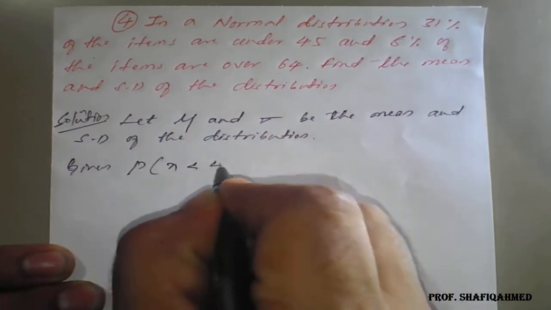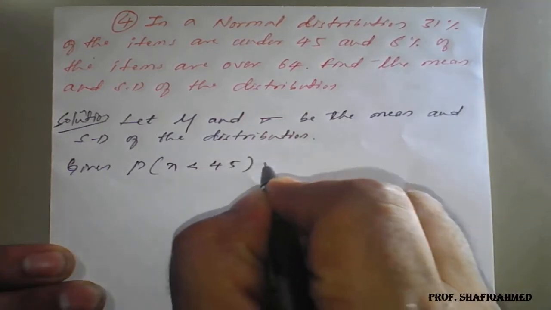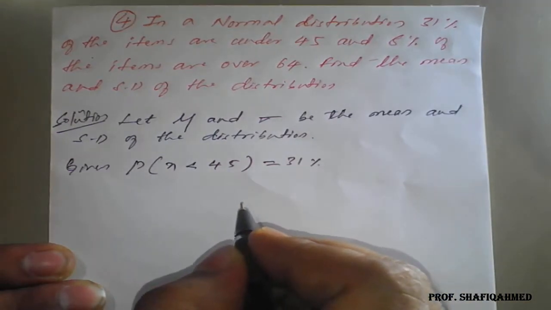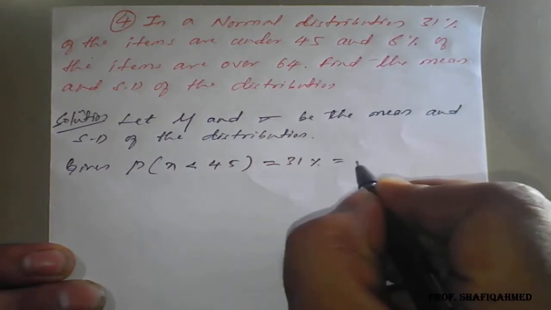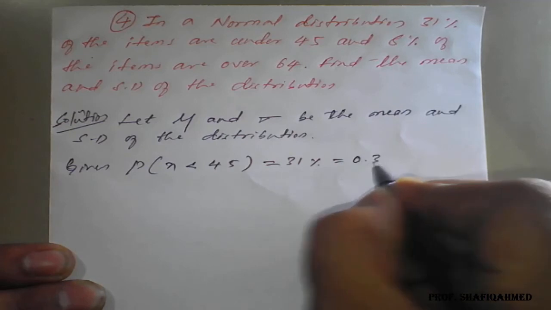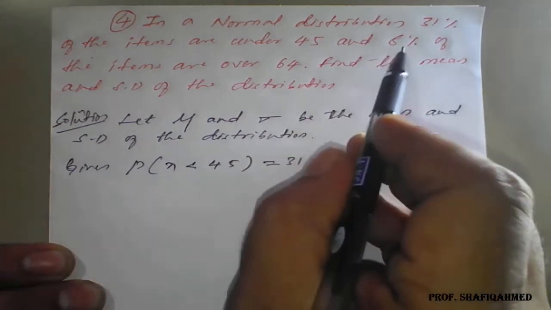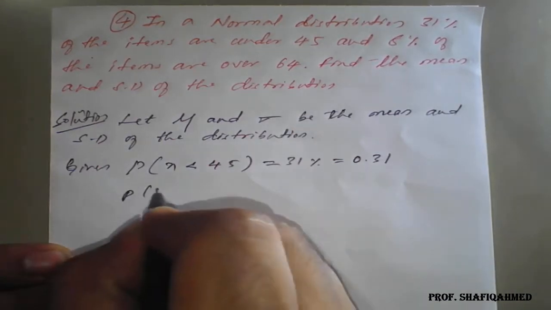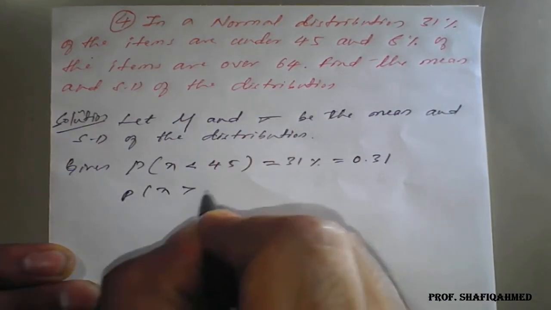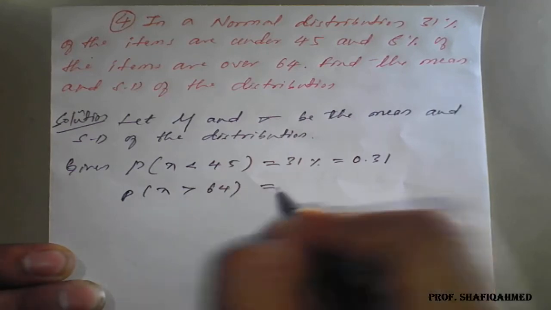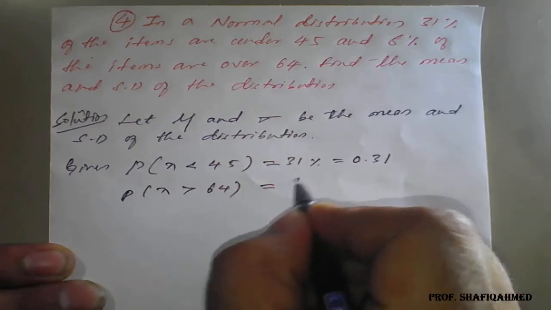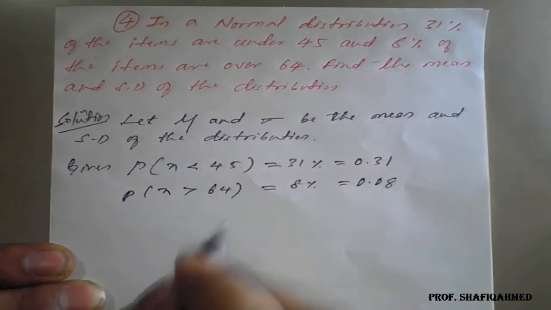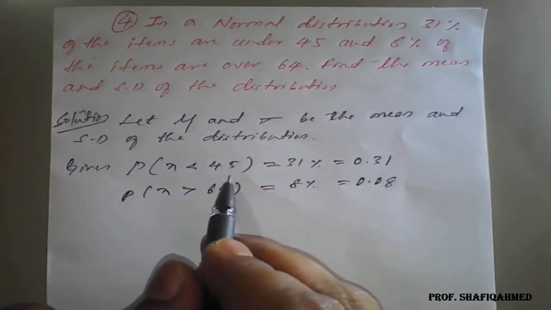Under means less than 45, and the items are how many percent? 31%, which is nothing but 0.31. Similarly, 8% of items are over 64, meaning P(x > 64), since over means greater than 64, and 8% is nothing but 0.08.